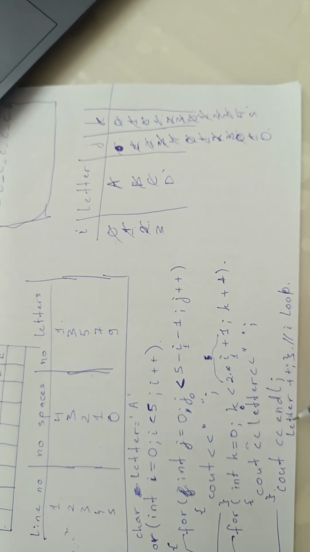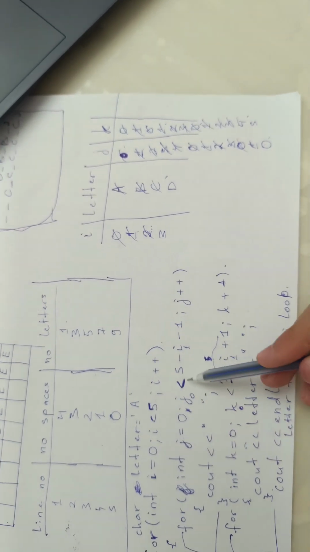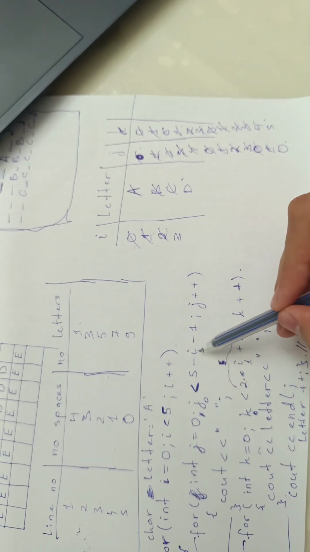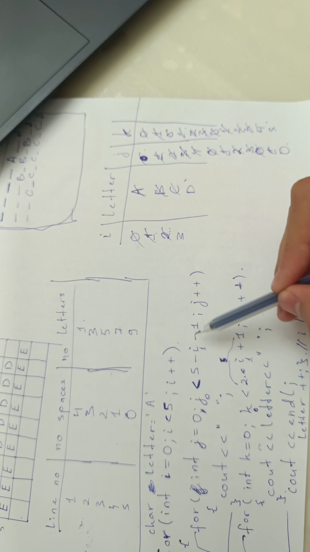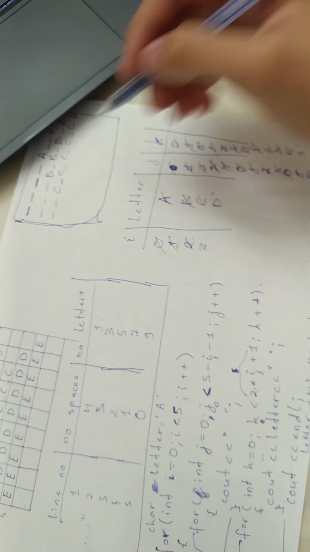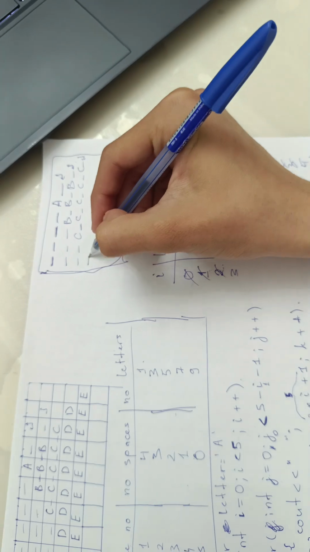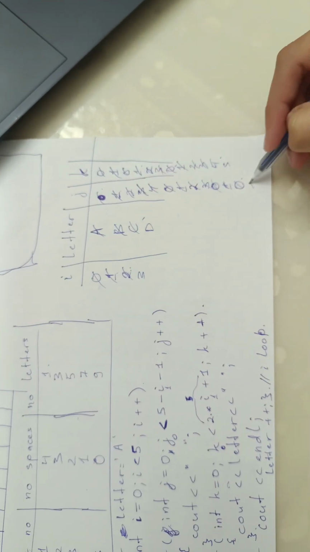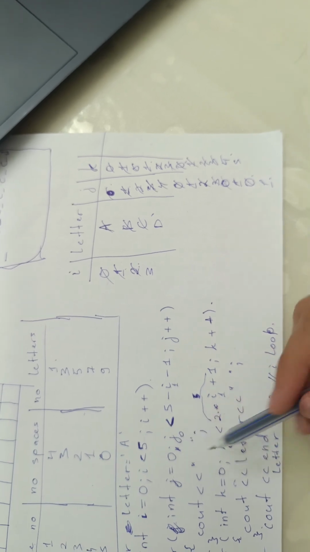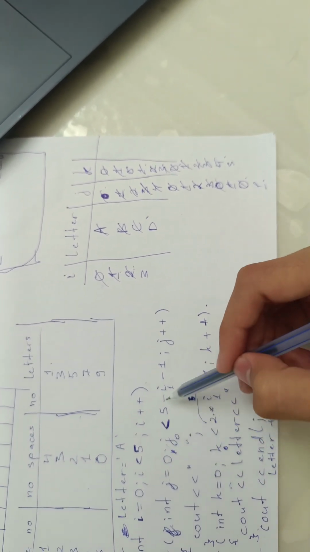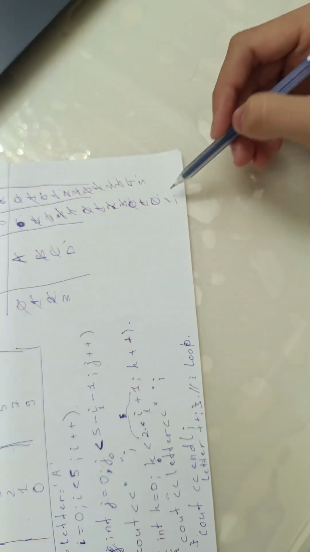J becomes 0, and 0 is less than 5 minus 3 is 2, minus 1, 1. 0 is less than 1, so it will print out 1 space. Then it checks 1, but 1 equals 1, so it will not print out.